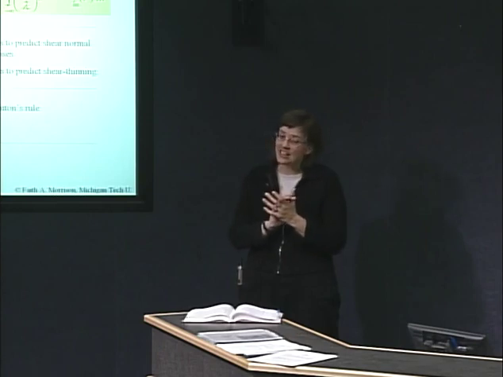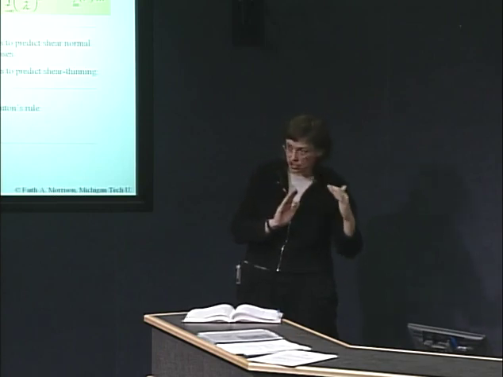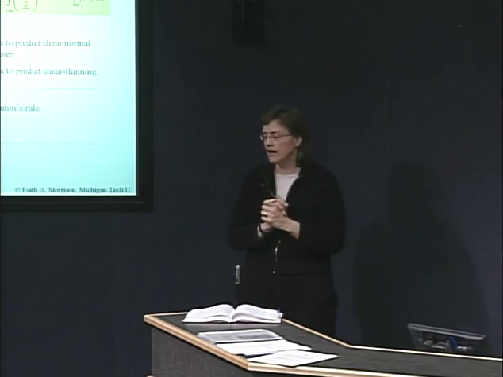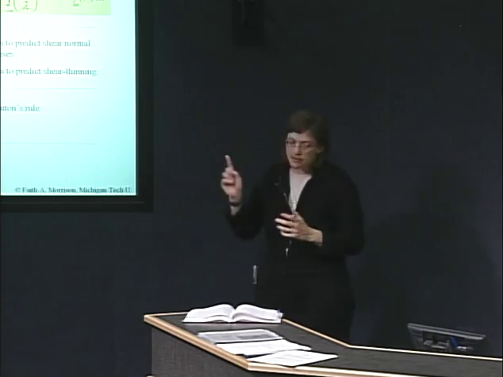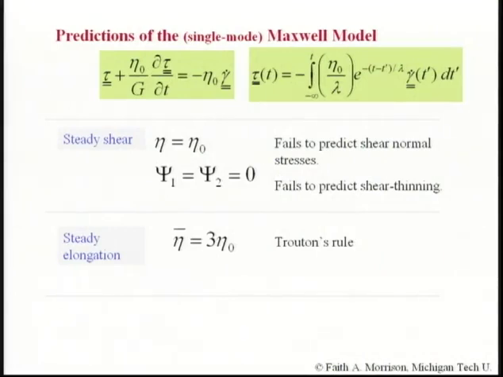It has nonlinear effects because it does predict shear thinning, but no memory effects. The main advantage of the model that we're currently talking about is its ability to predict some memory effects, but only in the small strain rate, small strain regime, which we've talked a little bit about, but I'll talk about that a little bit more here as I summarize.